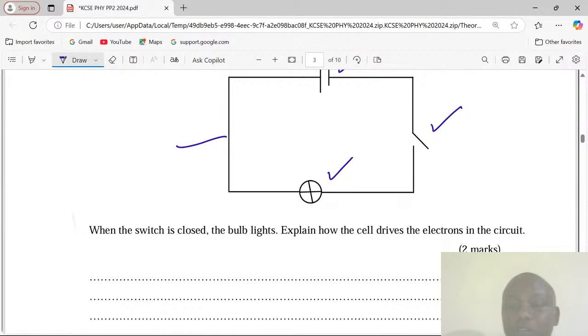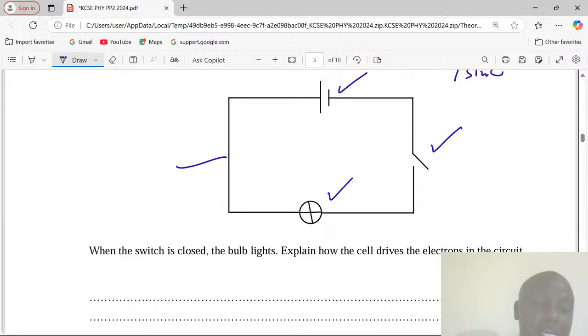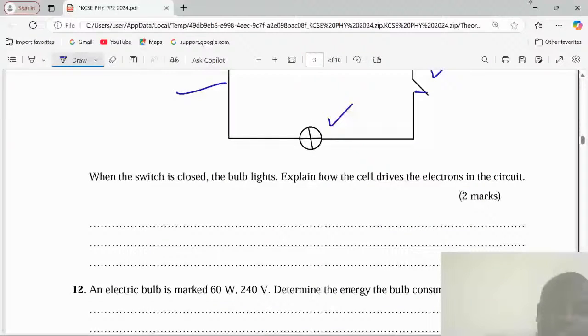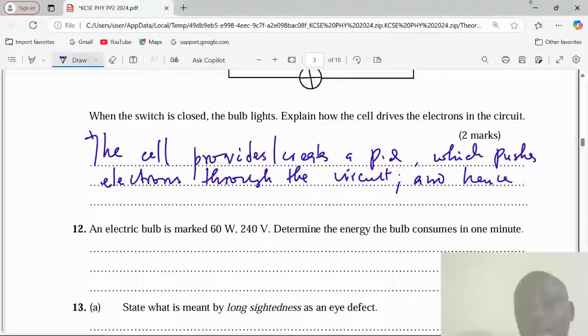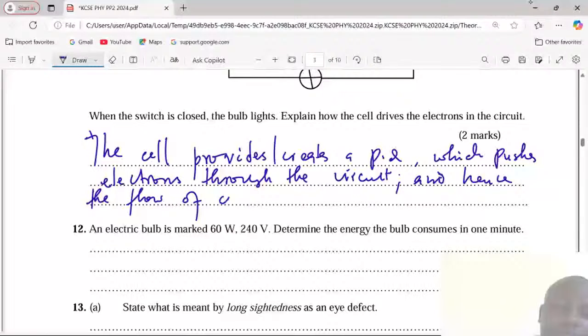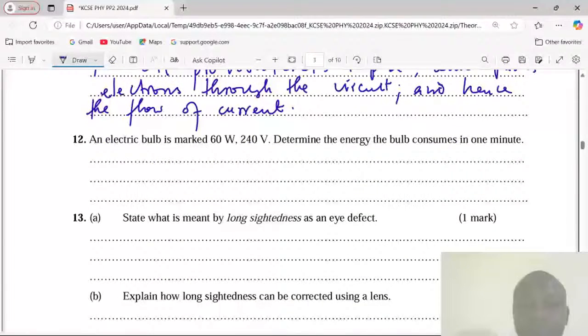Therefore, you talk about the potential difference it creates, which leads electrons to flow in the circuit. So when the switch is closed, it's the cell which pushes electrons and ends up causing the flow of current.